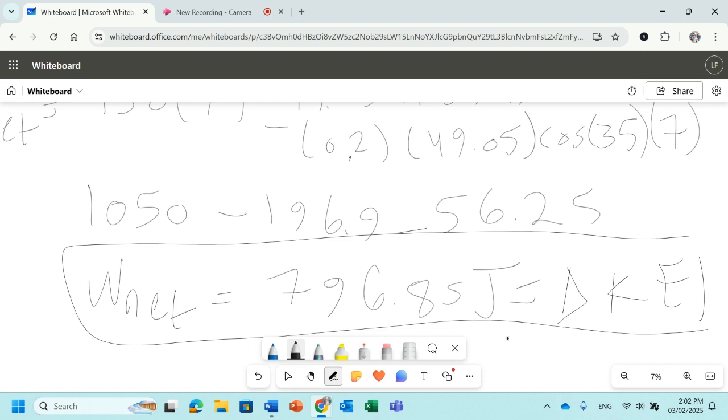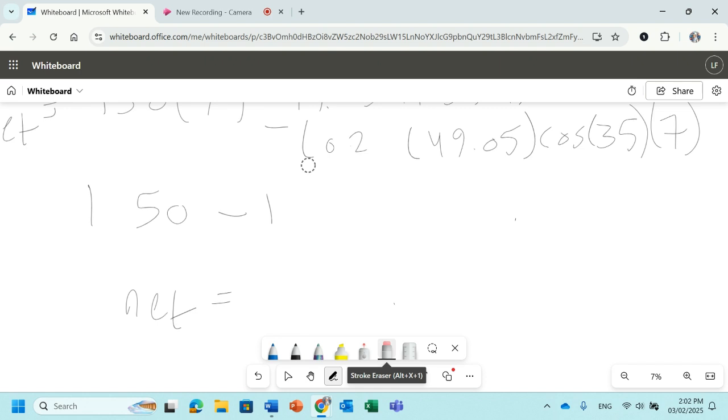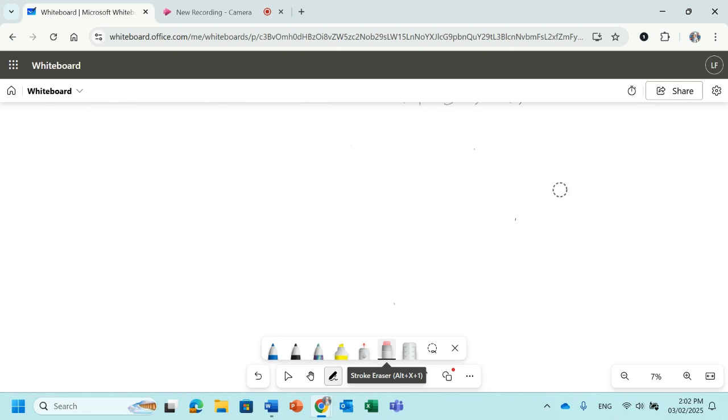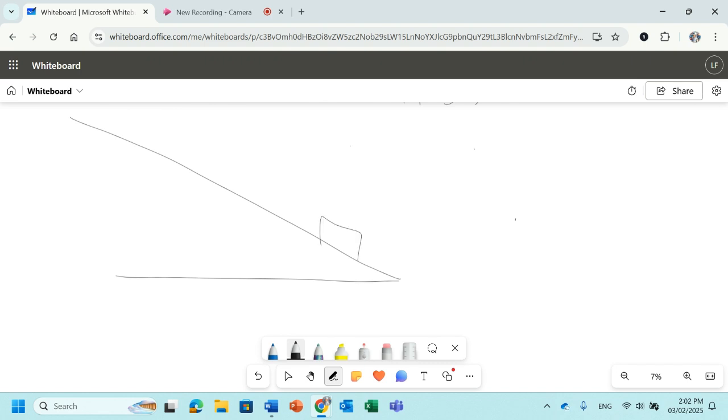Now, to solve the same question using conservation of energy, I will give you a hint how to do it, but I will leave the method for you. Conservation of energy: at the beginning, the object down here is moving, and I have applied force. That means work done because of this applied force plus the initial energy, since the object is moving, it will be kinetic energy, equals.